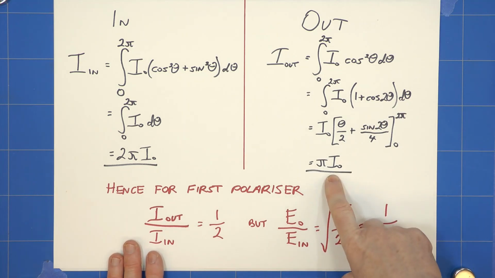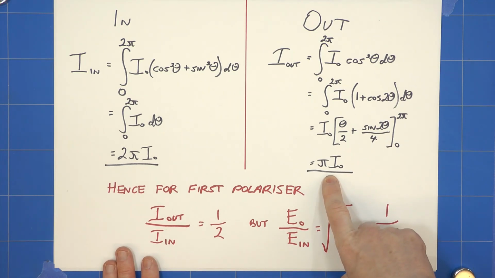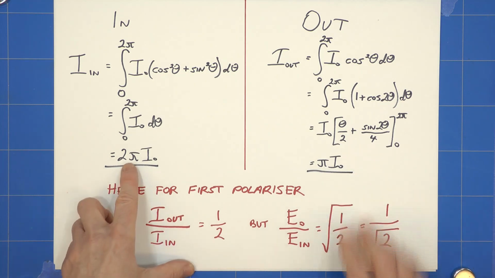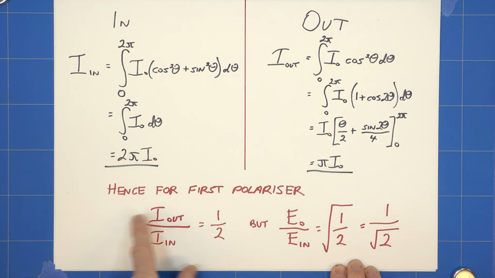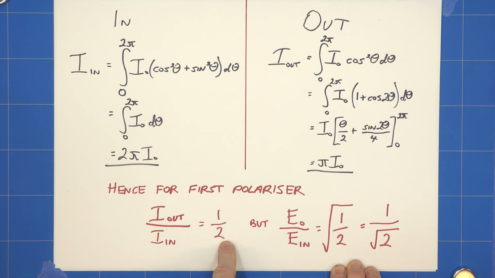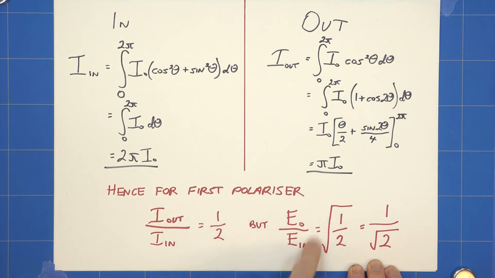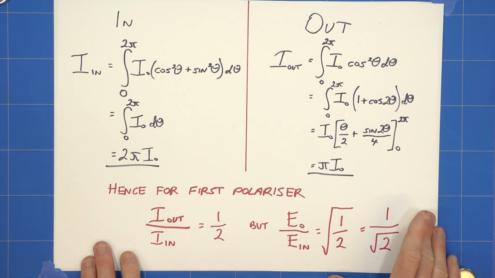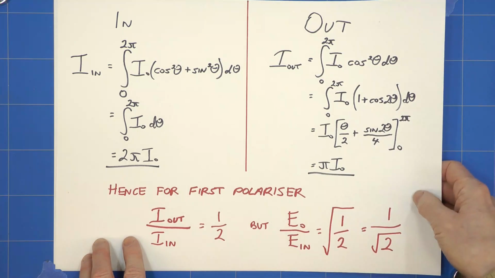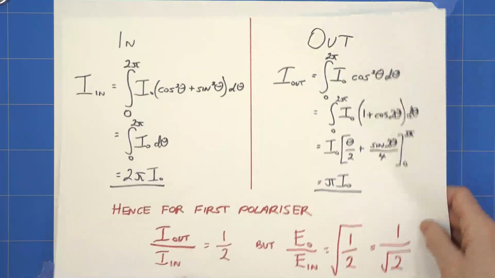We get that the I out, intensity coming out, is pi I0, so it's half. So here we go, for the first polarizer, I out is half of I in, but remember we need to work with this, which is the square root of that. So the E field for the first polarizer is 1 over root 2.